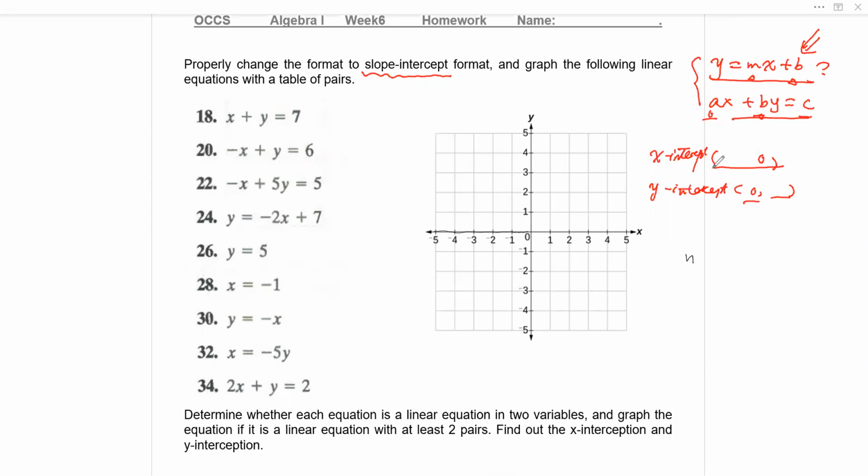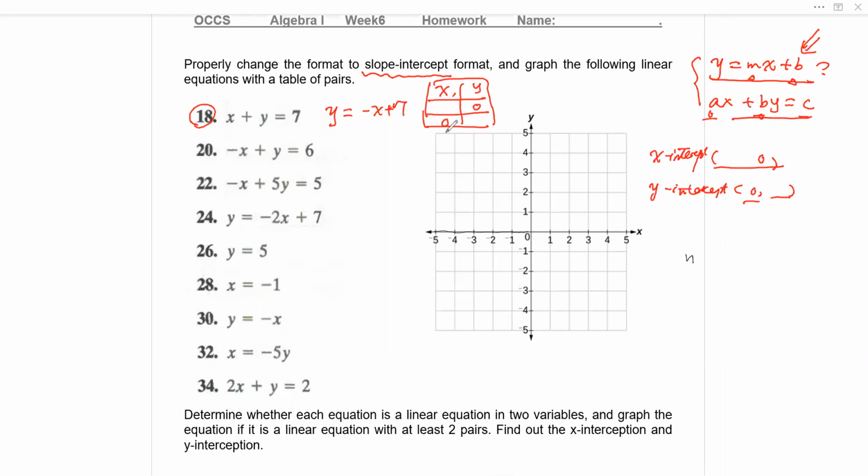Okay, so let's see the homework here. Let's see number 18. We can transform this one into y equals negative x plus 7, right? So we find the x-intercept and y-intercept. We use the table. X-intercept means y equals 0, while y-intercept means x equals 0.